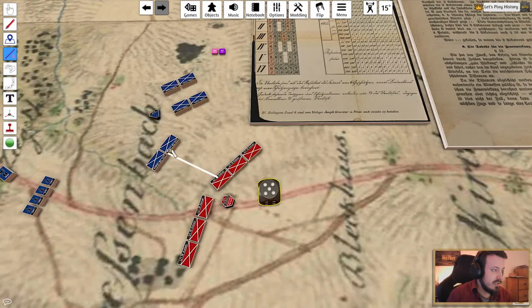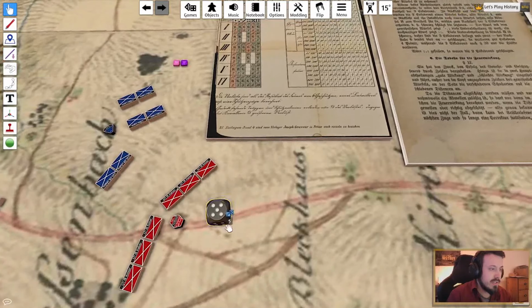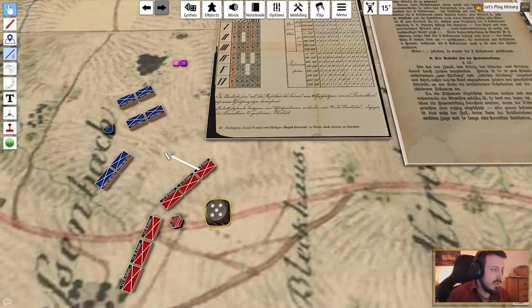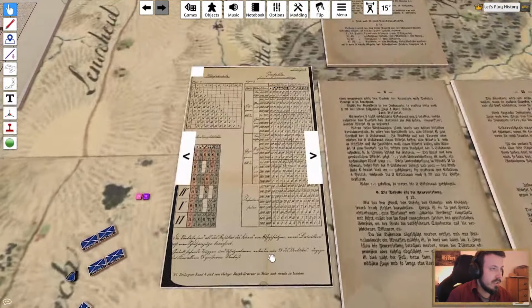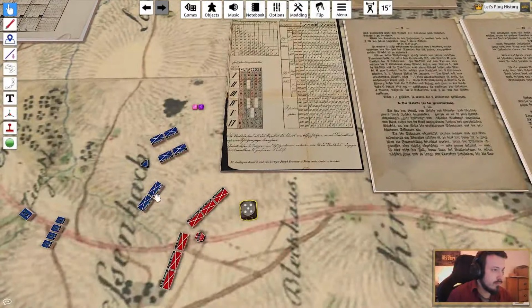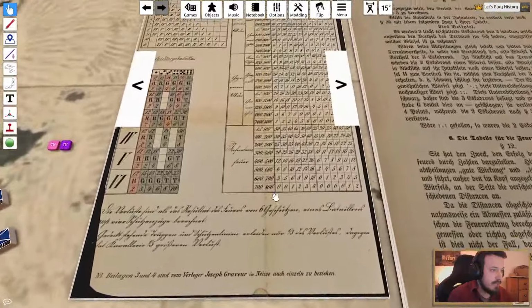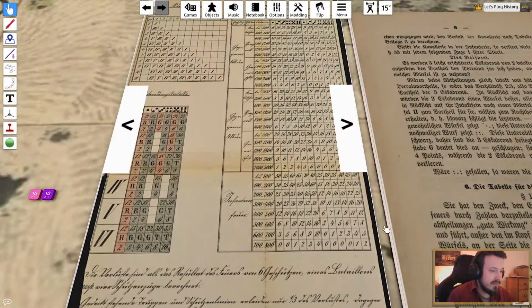Those guys are closer to 400. So let's say, because these guys are far away and they are not shooting at these, in our example at least, let's say the whole battalion is shooting at 500 paces, right? So maybe even 500 to 600.